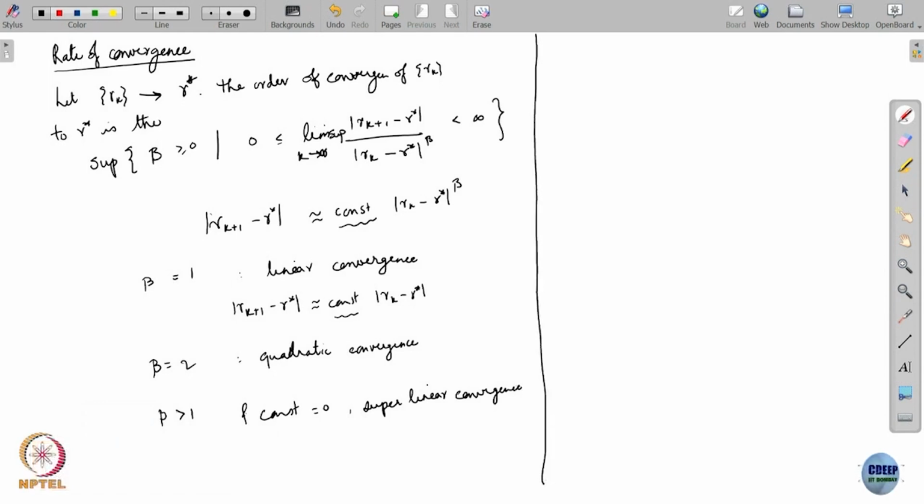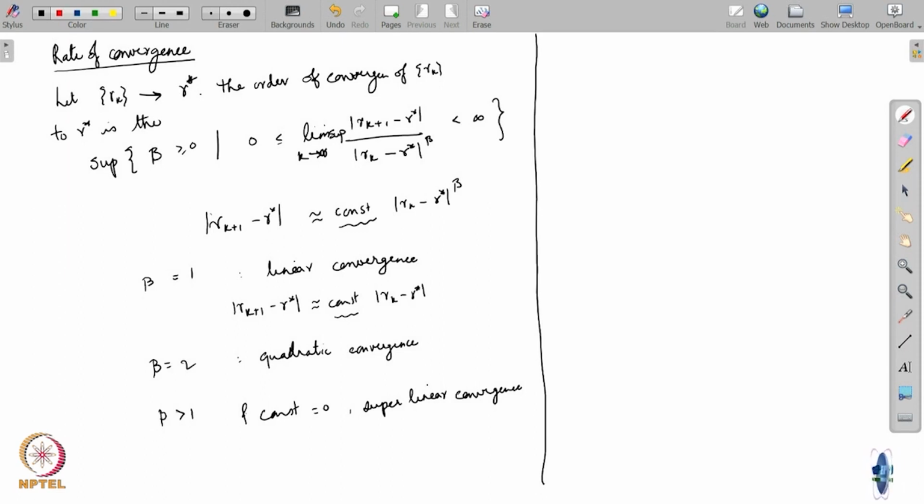Okay. So, to study the rates of convergence, we will look first at the simplest form of a descent method, which is the steepest descent method, and that too only on quadratic functions, because it turns out that a lot of what we want to learn about the rates of convergence can be learned from just this.